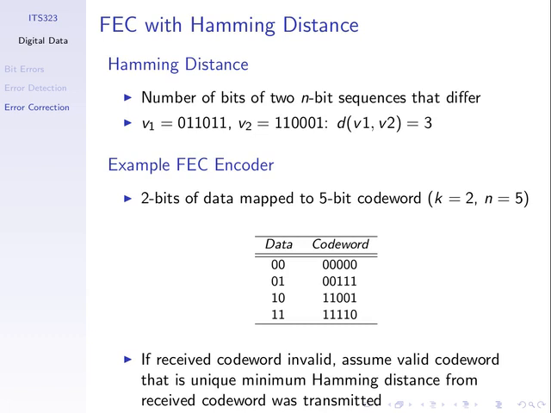If the code word is valid, that is, it's one of these 4, then the receiver assumes everything's okay and decodes to get the original data back. Because the transmitter only transmits one of these 4 code words. Therefore, if we receive one of them, we assume there have been no errors across the link and we get the received data.